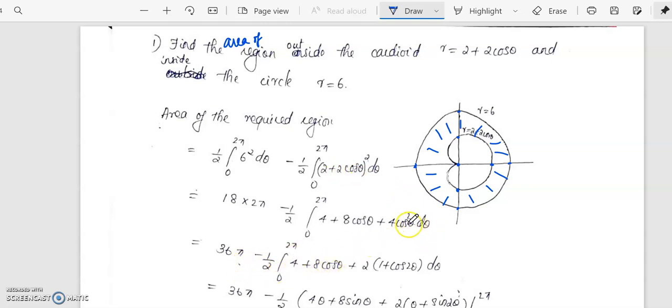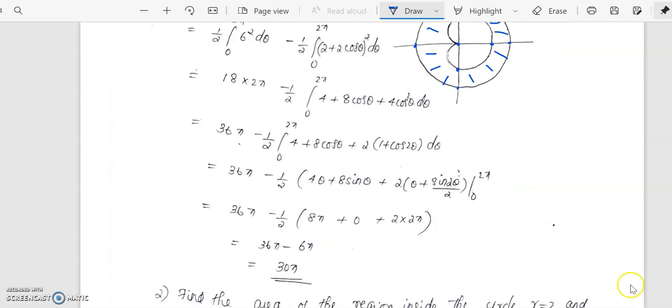So 4 cos square theta can be written as 2 into 1 plus cos 2 theta. Now integrate here. So we'll get 36 pi minus 1 by 2. So the integral will be 4 theta plus 8 sin theta plus 2 times theta plus sin 2 theta by 2 from 0 to 2 pi.